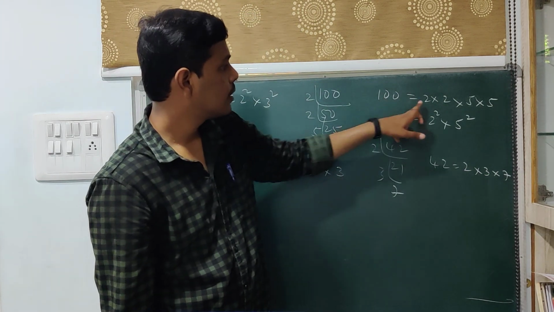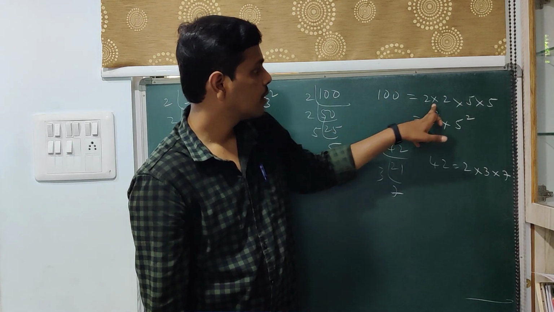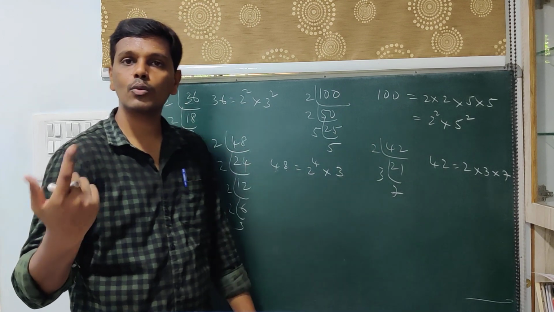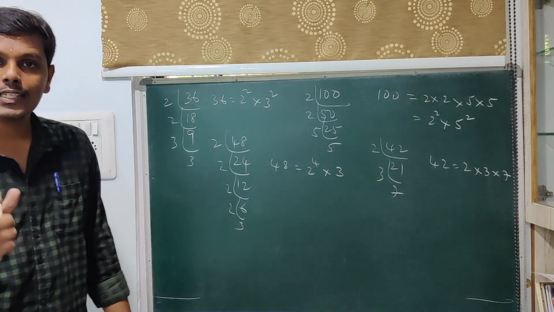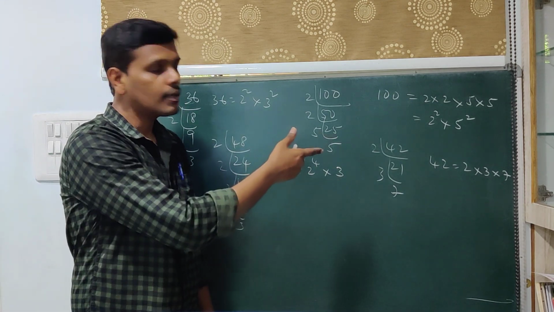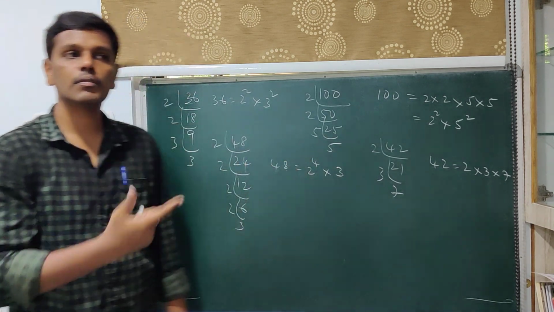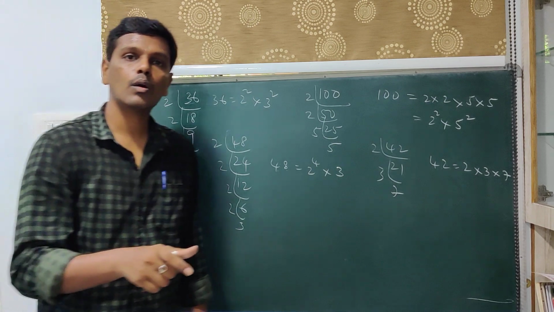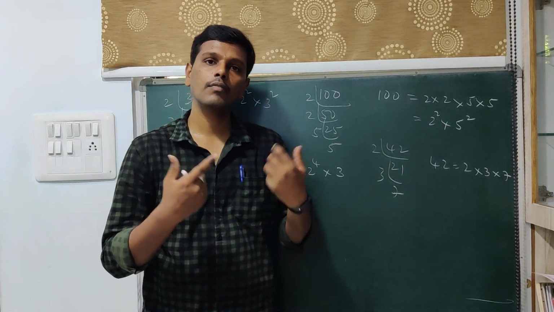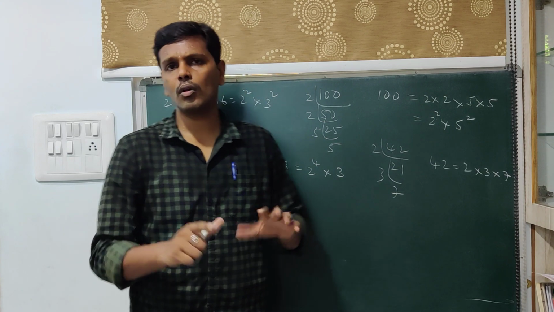Now coming to this case, the prime factors are only 2 and 5, but we have taken 2 two times and 5 two times. So prime factors need not be distinct. The prime factors may get repeated, but the observation that we can make is, given a composite number, you can write it as a product of prime factors. Those prime factors may be all different, may be all the same.